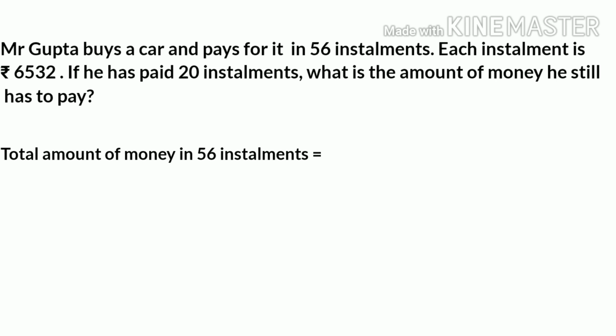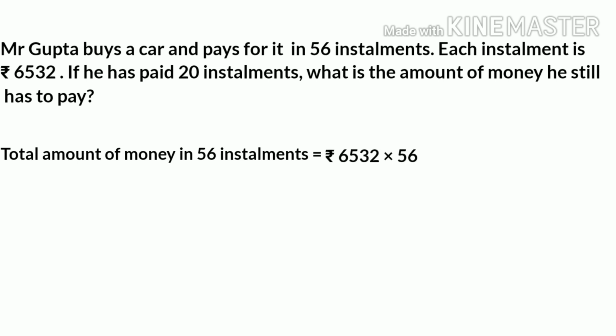If one installment is for rupees 6,532, then to find the total amount of money in 56 installments, we need to multiply the amount of money for one installment by the total number of installments. That means we need to multiply rupees 6,532 by 56.